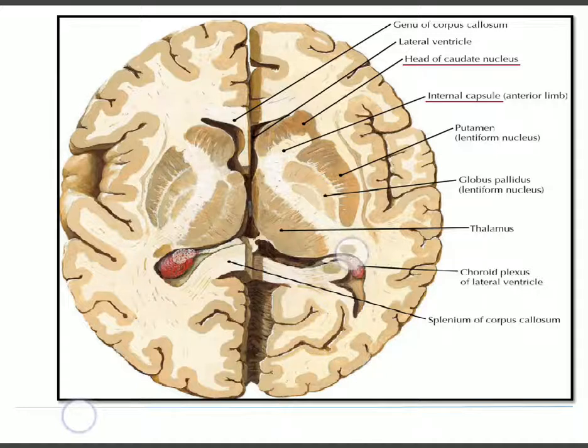In this C-shaped cavity, there is the thalamus and this white matter band, which is the internal capsule. And at the anterior limb of the internal capsule, the caudate nucleus is connected with gray matter fibers with the lentiform nucleus. This is the lentiform nucleus with the putamen and the globus pallidus.